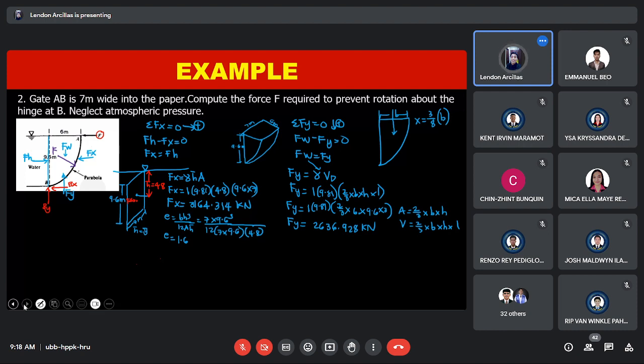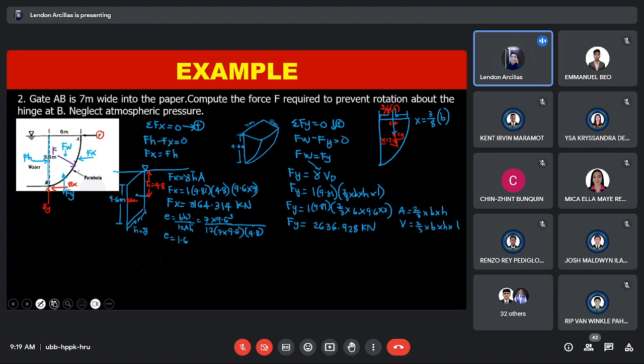Okay, so this is 3/8 over 6, since this is 6 meters, right? So this is our x here, 2.25. Yes. So alam na natin yung location ng F of X and alam na natin yung location ng F of Y.